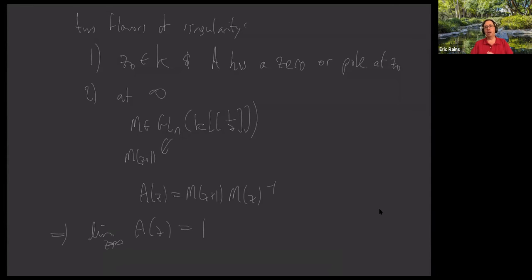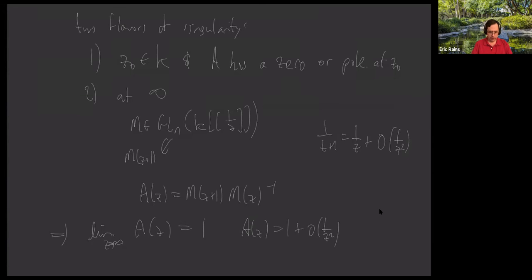And moreover, 1 over Z and 1 over Z plus 1 don't just agree at infinity, they agree to second order at infinity. 1 over Z plus 1 is equal to 1 over Z plus big O of 1 over z squared. And so in fact, we also have that A of z is equal to 1 plus big O of 1 over z squared.